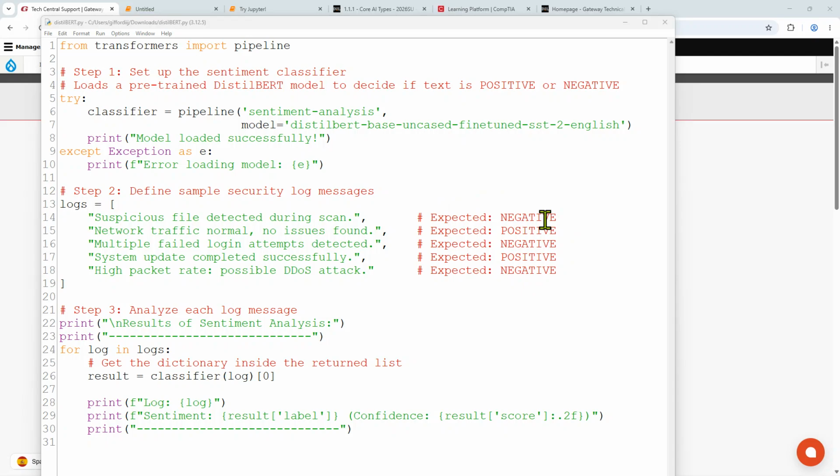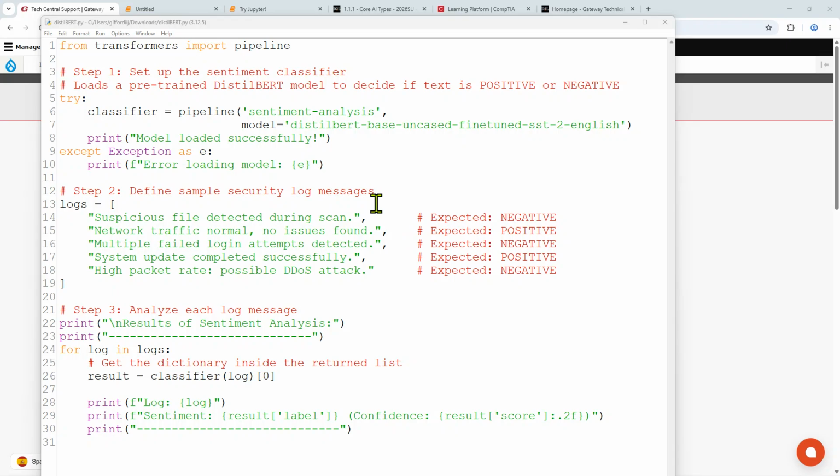These are just my guess of what this text would come back as if I were manually going through. Most of these are negative, but one of them I have here, network traffic normal, no issues found. The expected result there would be a positive thing, I would think. But suspicious file detected during scan, that would be negative. Multiple failed login attempts detected, that would be negative. System update complete successfully. Generally, I would think that would be positive because something finished successfully.